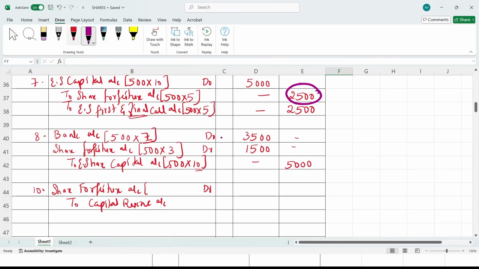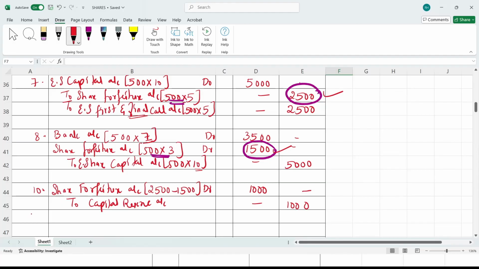Take this amount. And here you can see the forfeiture. Take this amount. Both you minus it. Okay. 2500 minus 1500, which comes to 1000. 1000 will be transferred to the capital reserve. This forfeiture, you have to minus it and then take the value.